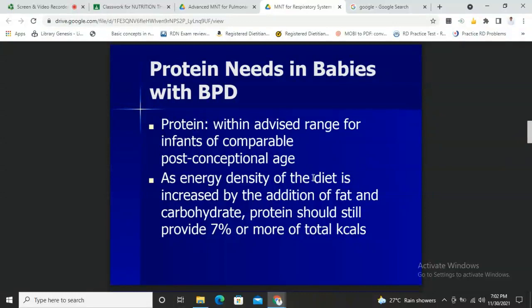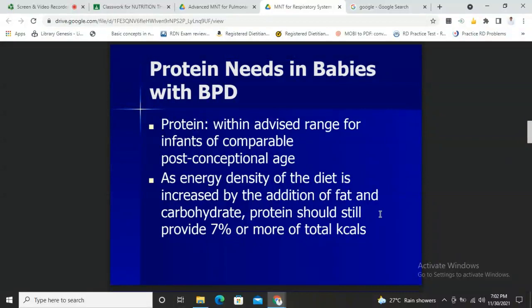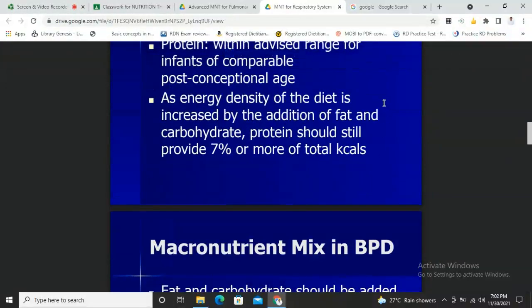Okay, so yeah, katulang range nga similar, no, sa katong mga healthy infants. As energy density of the diet is increased by the addition of fat and carbohydrate, protein should still provide 7% or more of the total calories. Okay, yeah, so kung unsa tong protein requirements sa mga infants, mao gyapon to ilaha.